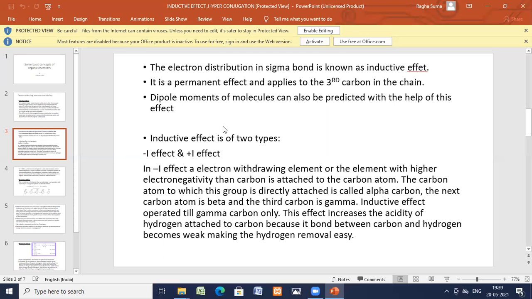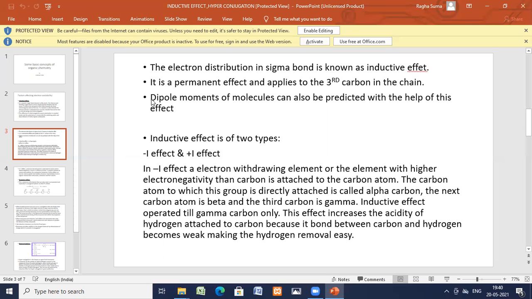So it creates a partial positive charge for the adjacent carbon. Chlorine gets a partial negative charge, and C1 gets a partial positive charge. And C1 is more electronegative than the C2 carbon.